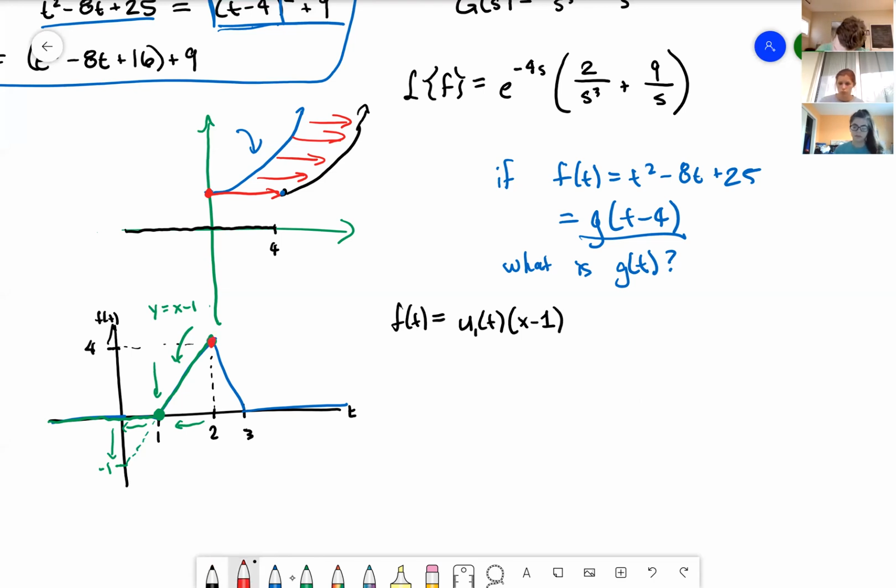Then at 2, it goes downward. If we work out what this one is, when we go backwards, oh, sorry, my bad. It didn't go down by 1, it went down by 4. And we went back by 1. So if it goes back another 1, it goes down another 4. It should be minus 4.